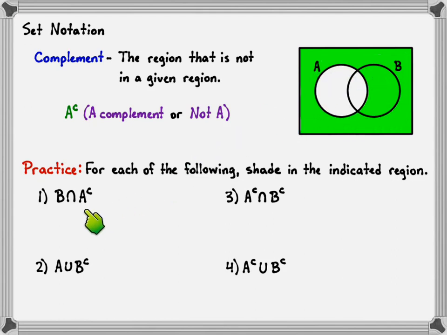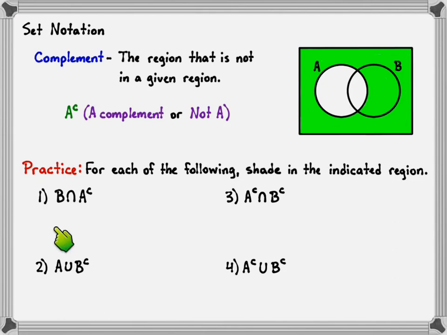And I want you to shade in the region that is represented by each of these. So you're going to have 4 separate Venn diagrams here. Do not try and shade in one Venn diagram for all 4 because it's just going to get messy. Draw a Venn diagram for each one and shade in the region that it's talking about. Pause the video and do that, and when you're done, come back and compare what you got.